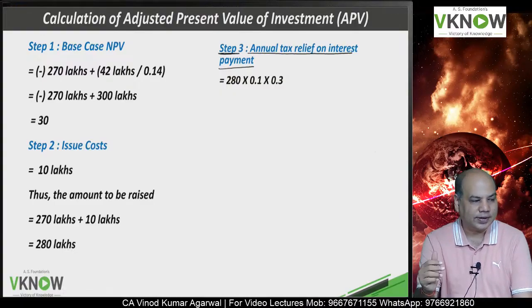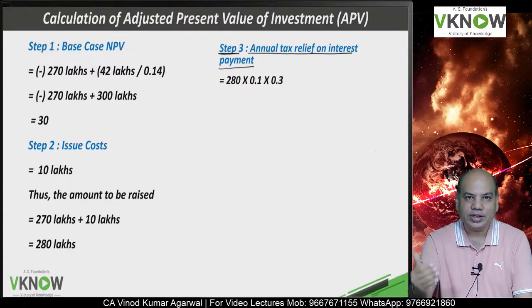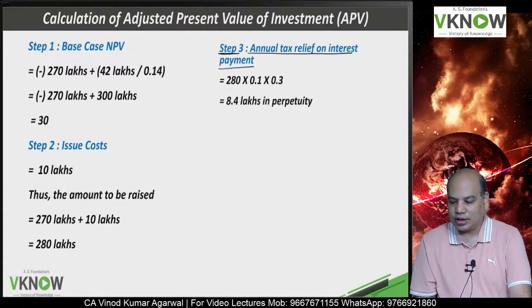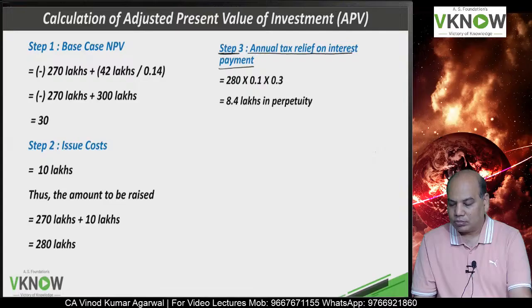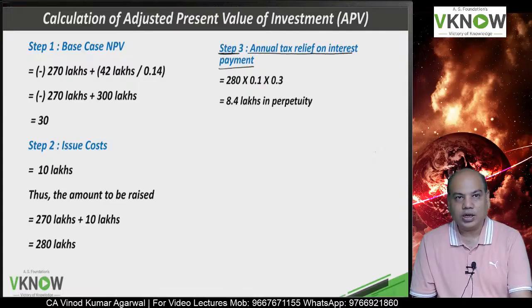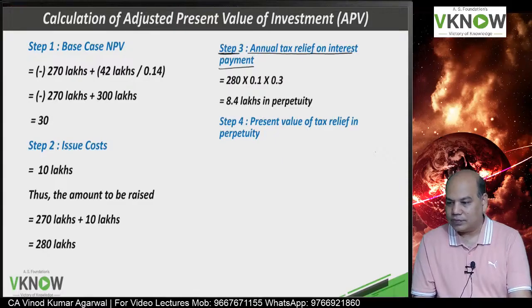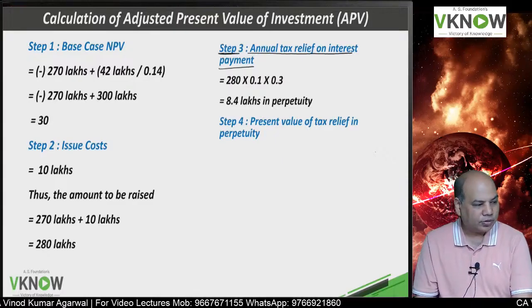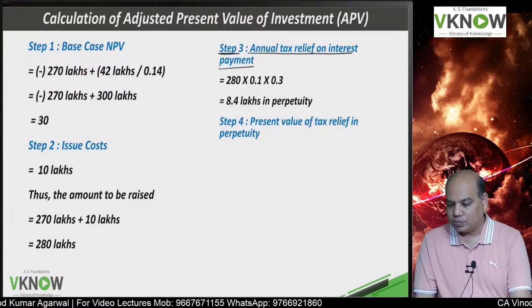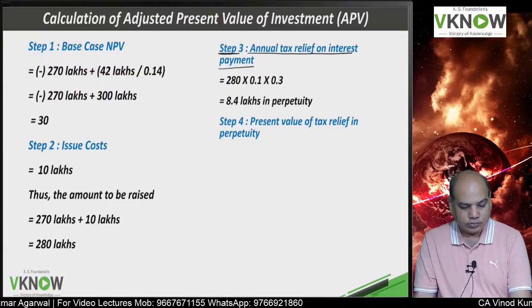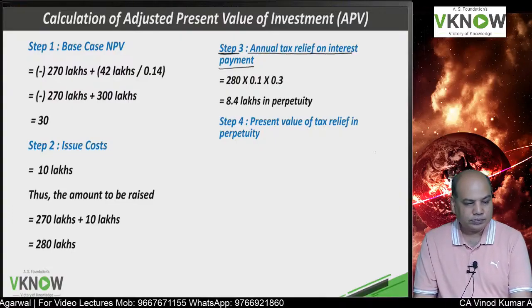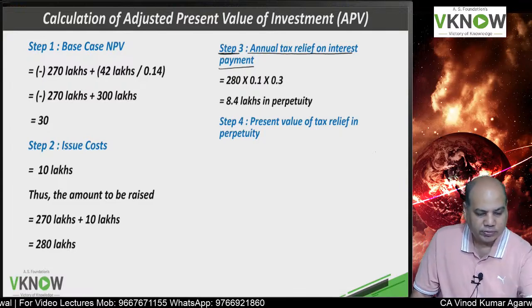Interest multiplied by tax rate is called tax shield. So 8.4 lakh in perpetuity. Step number 4, present value of tax relief in perpetuity.